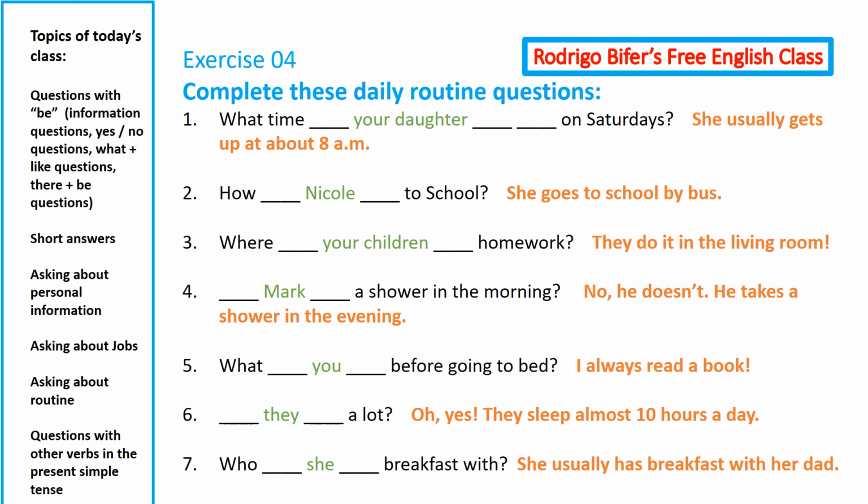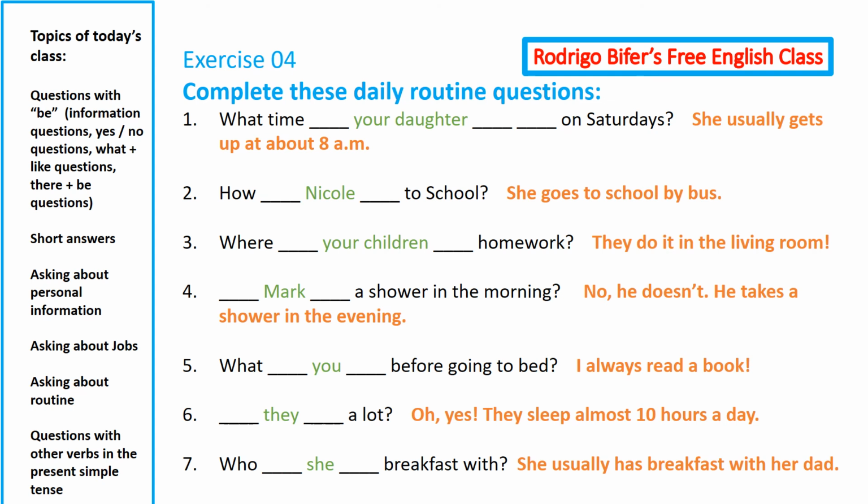The answer is she usually gets up at about 8 a.m. She, who's she? My daughter, because you're asking me about my daughter. When you say your daughter, I answer about my daughter. She, a girl, a woman. My daughter is a girl, so she.